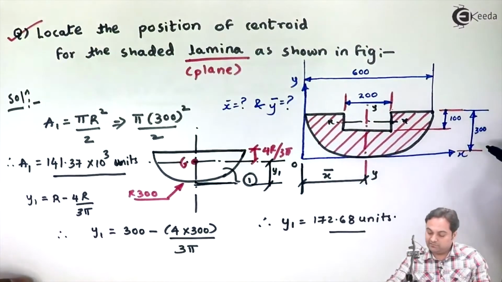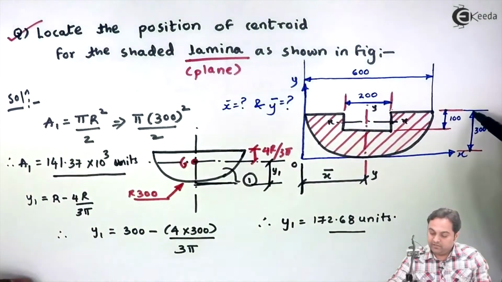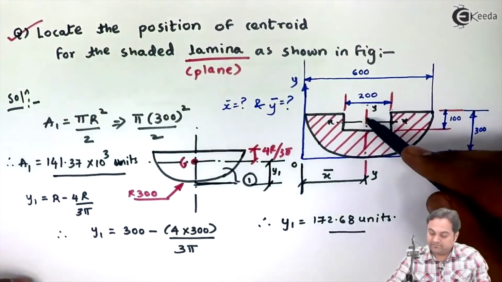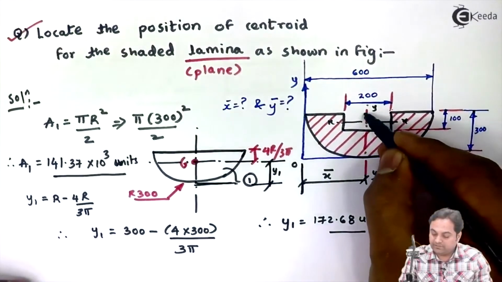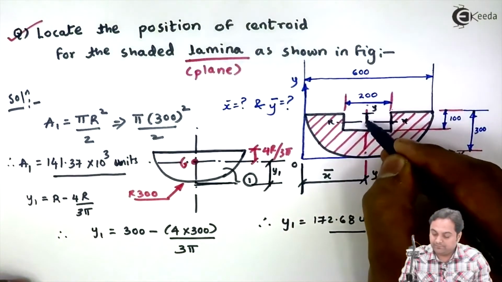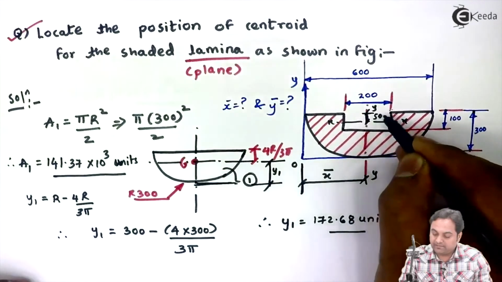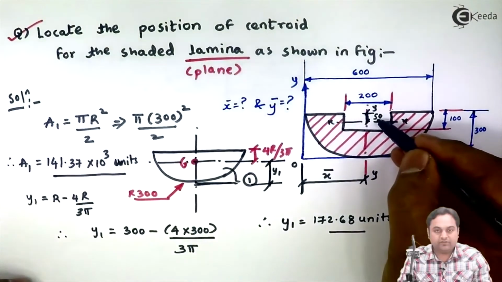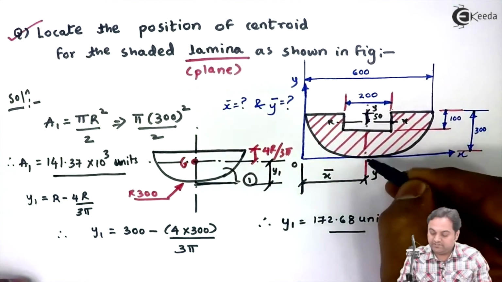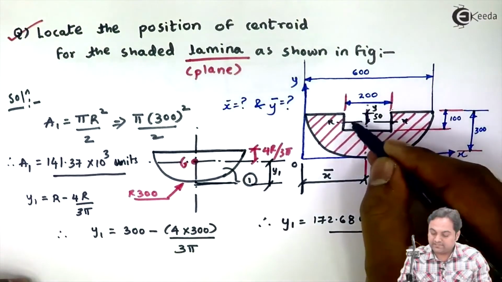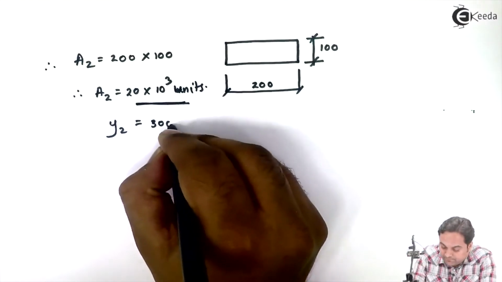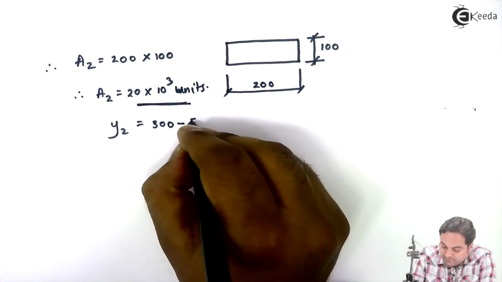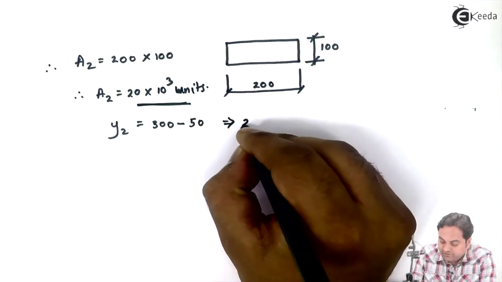So in simple terms, it is 300, and from that I will subtract 50, because from the top this much distance it is 50 mm. So y2 is 300 minus 50. So it is 250 units.